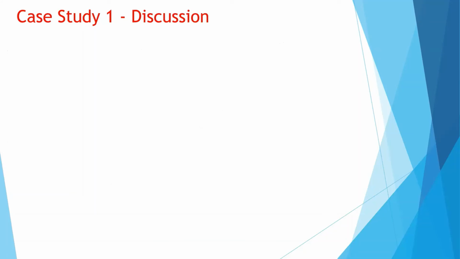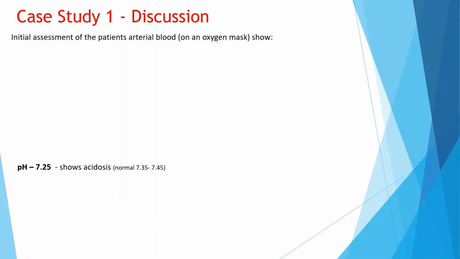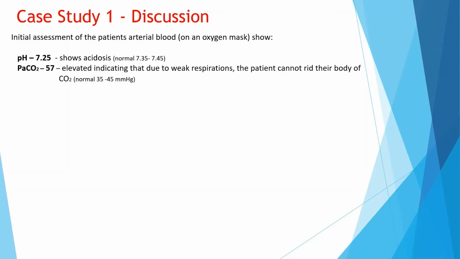To clarify what was chosen for this patient in terms of ventilator settings and to analyze the gases, we'll go through exactly what was done for this patient. In terms of the initial assessment of his arterial blood sample, and remember this patient was on an oxygen mask, the pH shows an acidosis, normal being 7.35 to 7.45.